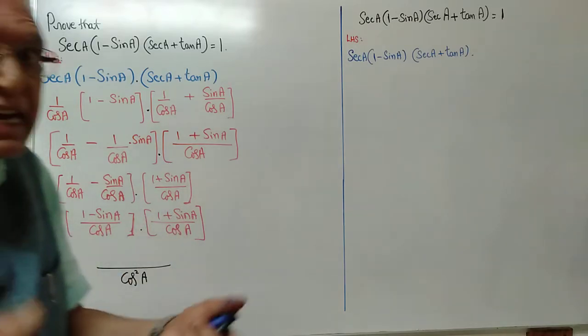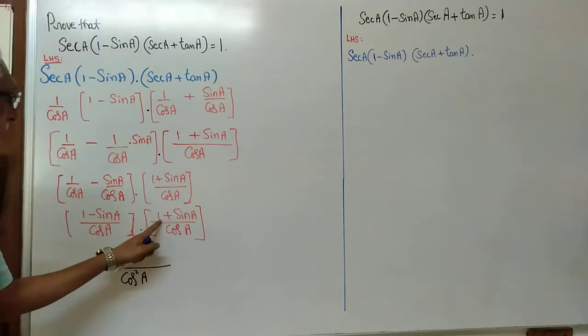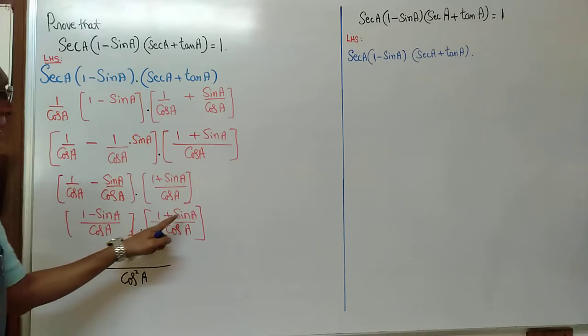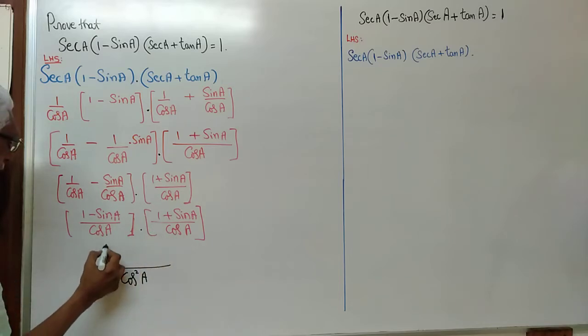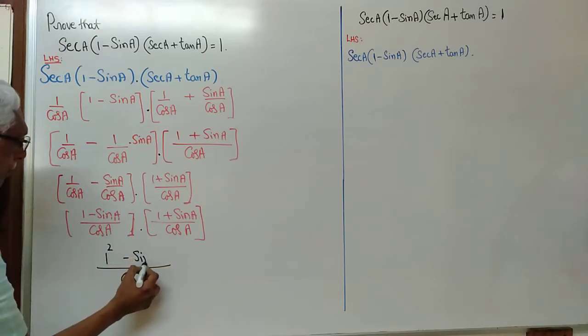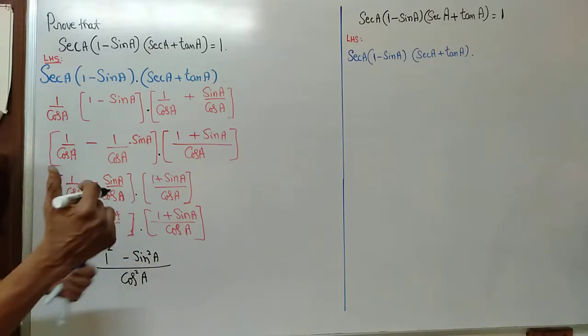You are seeing an identity here, correct? Assume 1 as A, sin A as B. A plus B, A minus B. A plus B into A minus B is A square minus B square. Super.